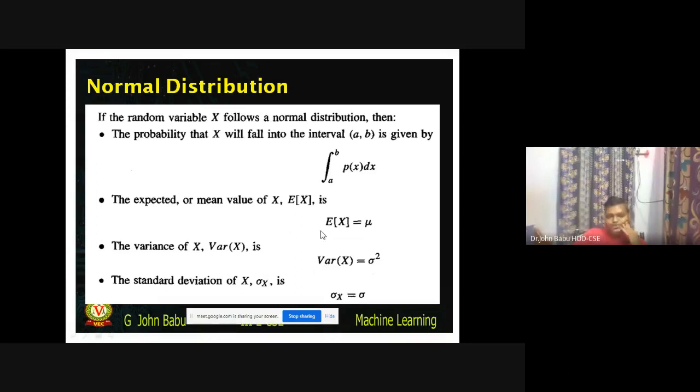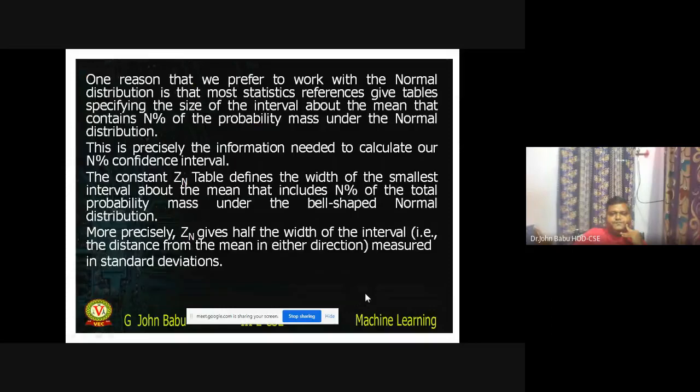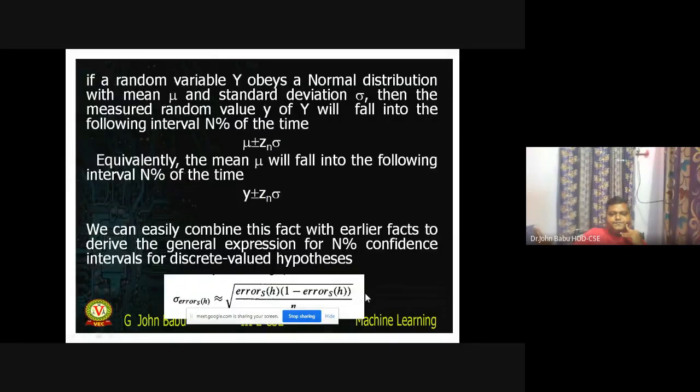So this is the mean, variance is sigma square, and standard deviation is equal to sigma. So mean plus Zn into sigma, that is a confidence interval.